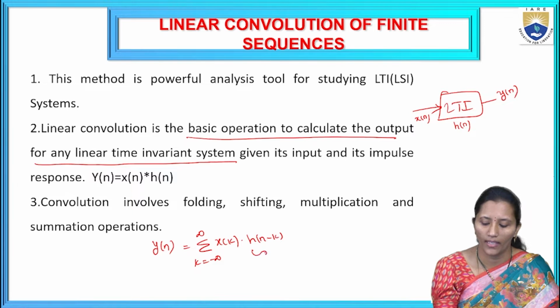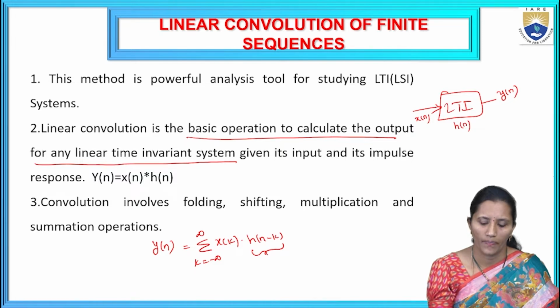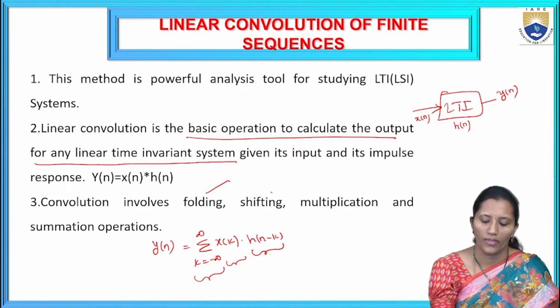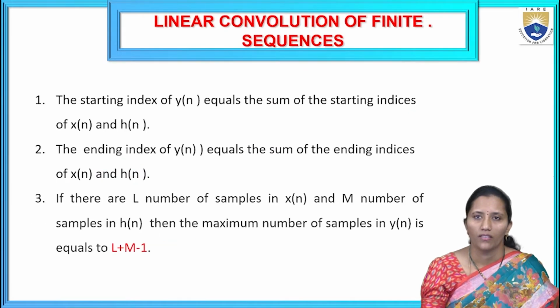So here we are taking h of n and doing the mirror image of h of n, that is the folding operation, and we are multiplying that sequence by x of n and adding by using summation. So the basic operation of convolution involves folding, shifting, multiplication and summation operations. If we do linear convolution by any method, these are the basic steps we have to remember.